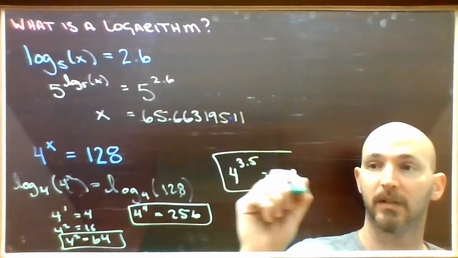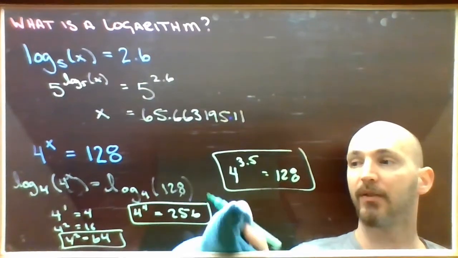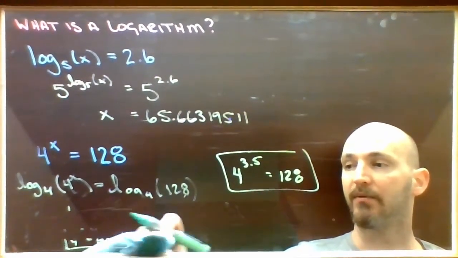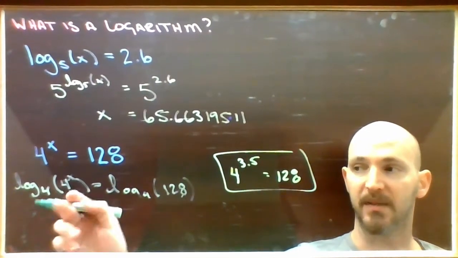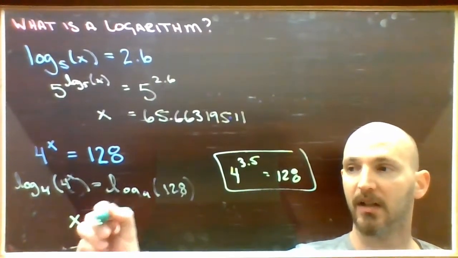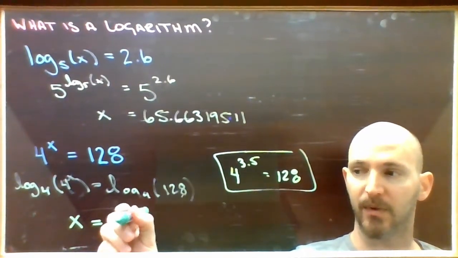Perfect. So it turns out that log base 4 of 128 is 3.5. So this base 4 logarithm and base 4 exponential undo each other, and the value of log base 4 of 128 is 3.5.